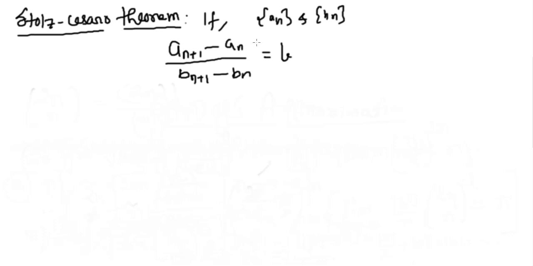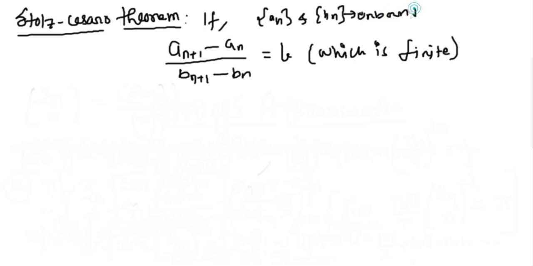and this equals L, which is finite. In addition to that, bn must be unbounded and monotonic.